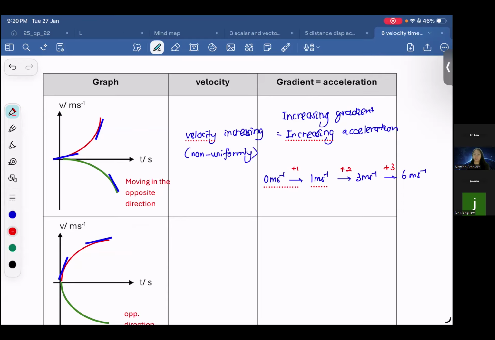It's not constantly increasing the speed. It's increasing the acceleration. This is the meaning of increasing acceleration. Plus 1, plus 2, plus 3. Every 1 second, they increase the rate. Is that clear?